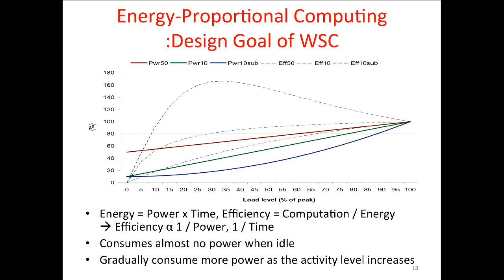Okay, here, the brown line shows typical power consumption from the servers. As you can see, it decreases linearly as the utilization goes down, right?